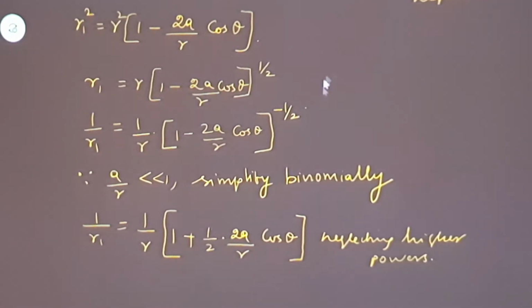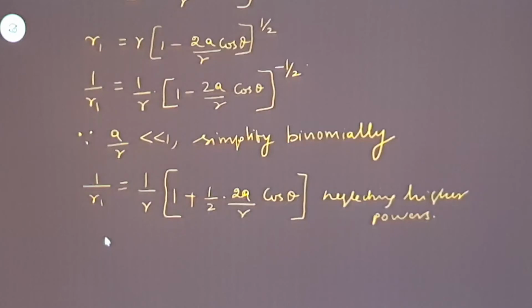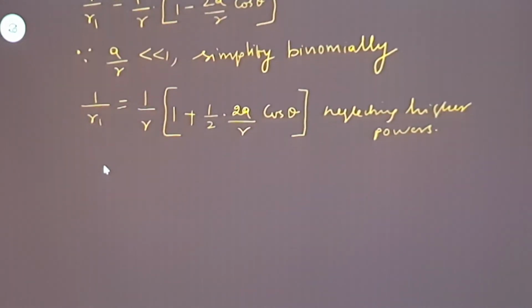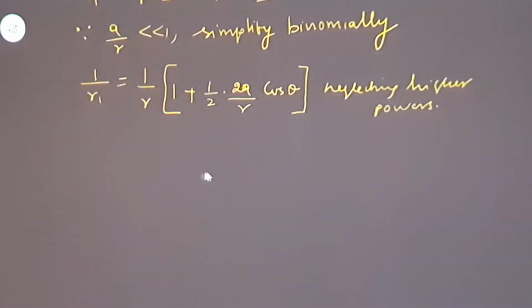So I can get the answer as 1 by R1 is equal to 1 by R into 1 plus 1 by 2, 2A by R cos theta. On simplifying, this 2 and this 2 will get cancelled. Therefore, 1 divided by R1 is equal to 1 divided by R into 1 plus A divided by R into cos theta.